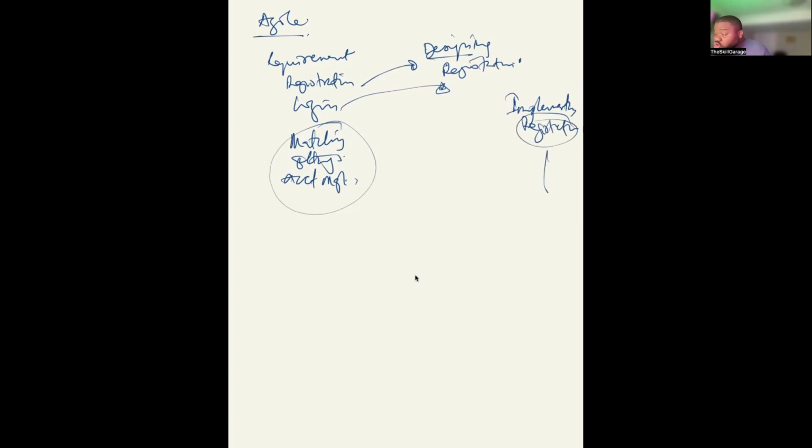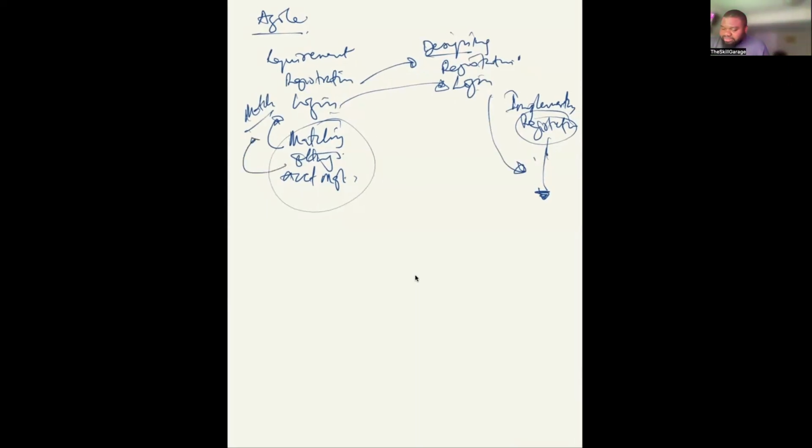By the time we are done implementing registration, probably he would have moved to matching and start looking at the requirements for matching. And by the time we are done with this, one would have probably finished the design for login. And as the login comes to be implemented, now we can start looking at the requirements for settings. So things are not waiting for something to be done.